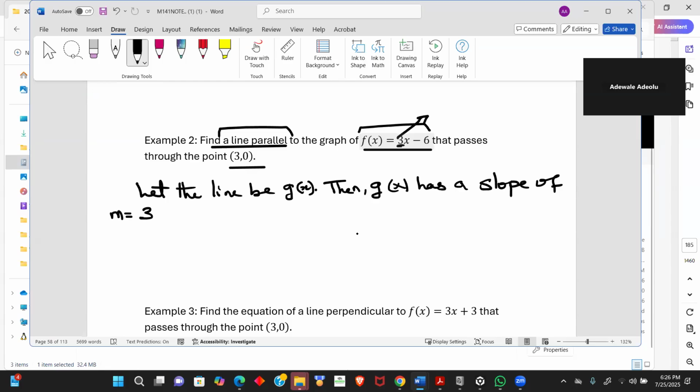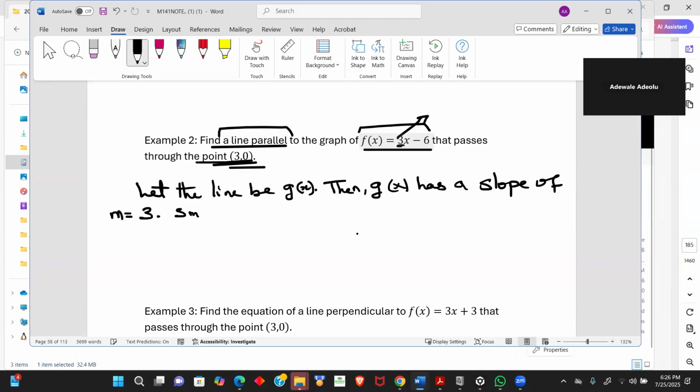Since f is parallel to g, they must have the same slope. So that means the slope of g is 3. Done. Now look at it. It passes through this point. Now, guys, you have m and you have a point through which g passes. Then we know what to do now.